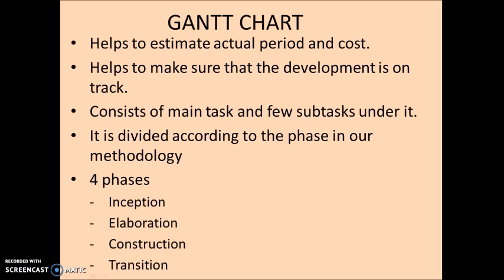For our methodology, there are four main phases, which are the inception phase, the elaboration phase, the construction phase, and also the transition phase. In every phase, there are a few subtasks that need to be done before it can proceed to another phase.